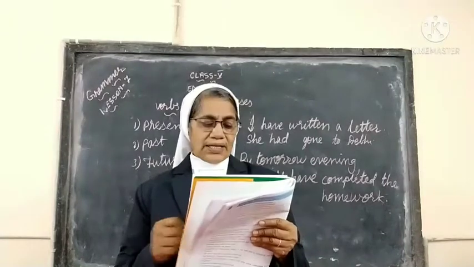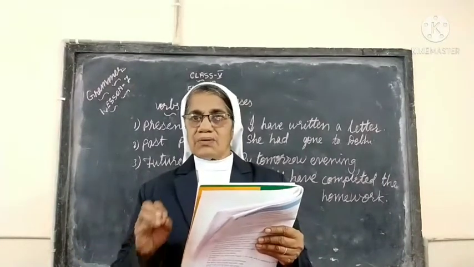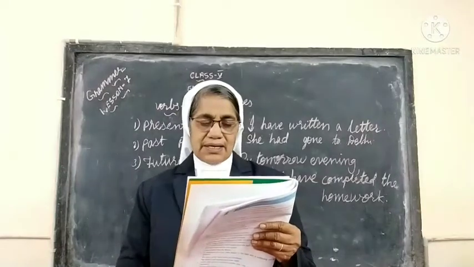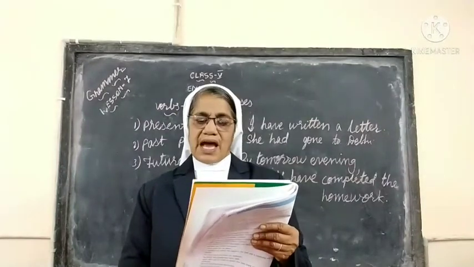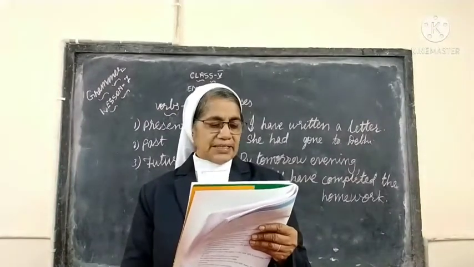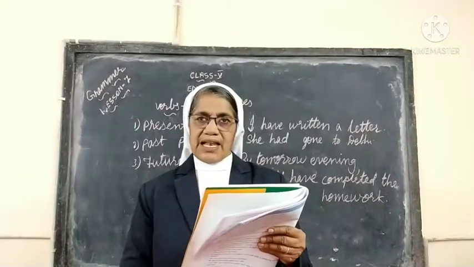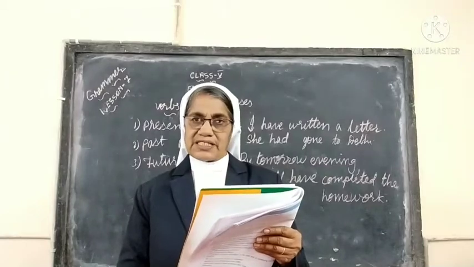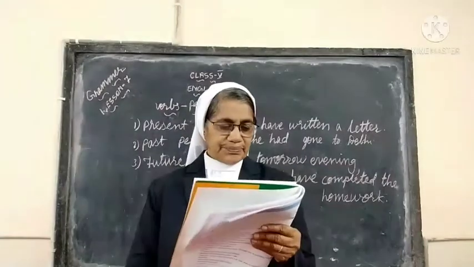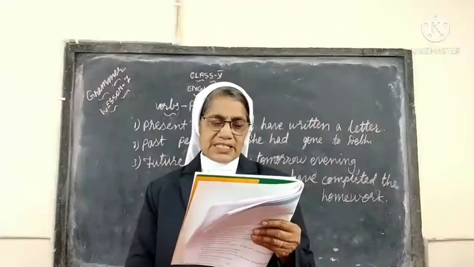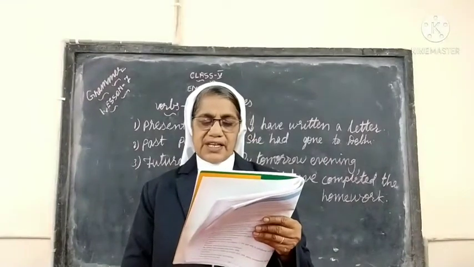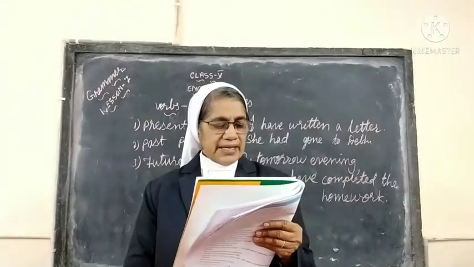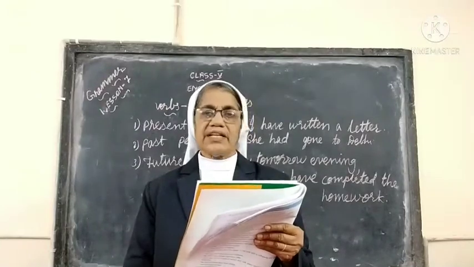And with all other subjects, we use will plus have plus past participle. That is future perfect tense. It is used to express an action that continues for a time and ends at some time in the future.